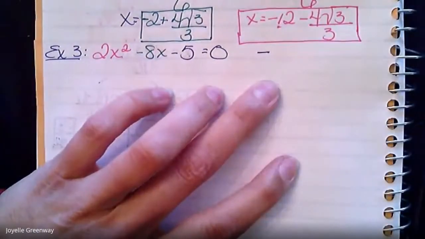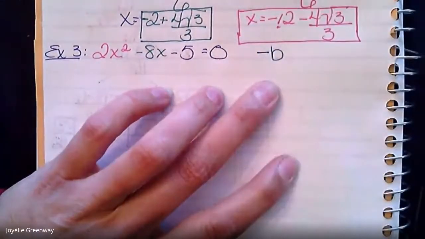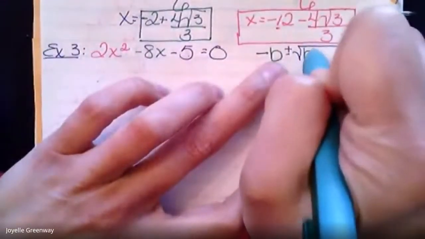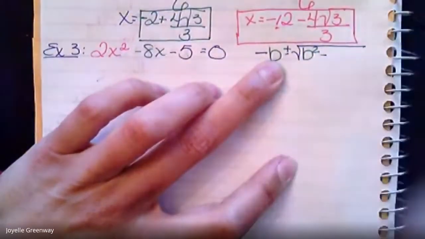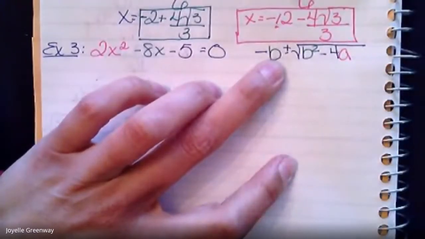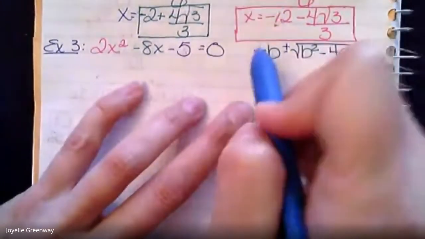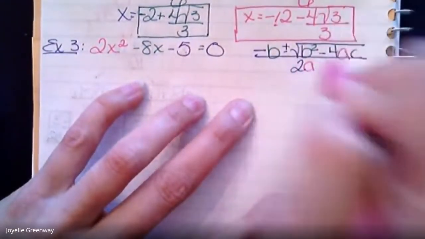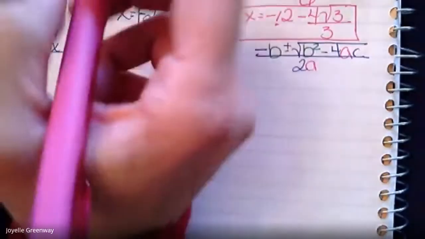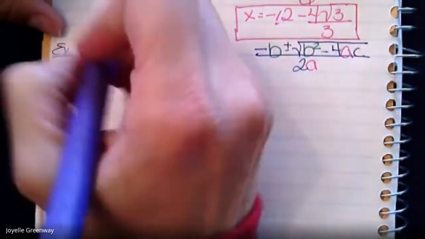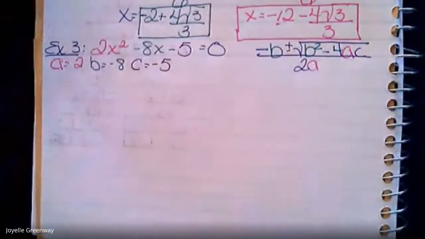So negative b plus or minus the square root of b squared minus 4 times a times c divided by 2a. Okay? So our a term is 2, our b term is -8, and our c term is -5.